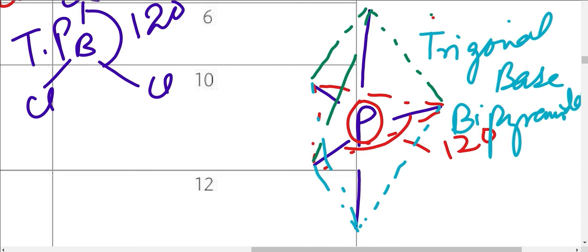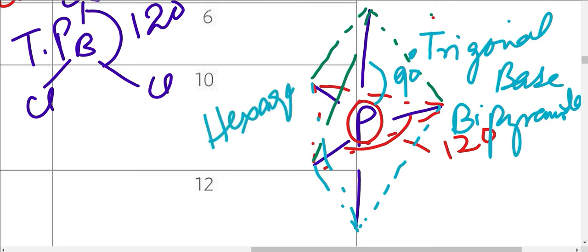Bond angle, I've told you 120, and the one which is dropping from the top, this bond angle is 90. So you will find a bond angle of 90 and 120. How many faces will one pyramid have? In this case, there are 3 faces of the top pyramid and 3 faces of the down pyramid. So the structure is hexagonal.